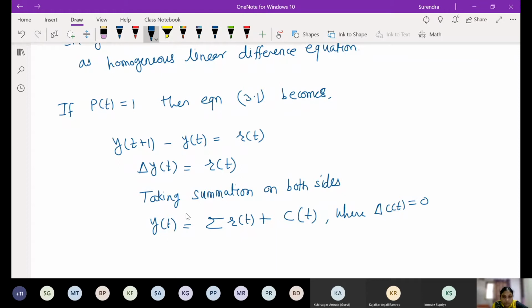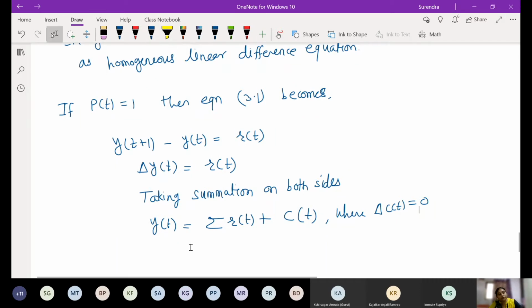Whether it is just a constant c or some c of t depends upon the domain of y t. Is that okay? Yes, ma'am. So if p of t is equal to 1, we can just take the indefinite sum on both sides and get its solution.